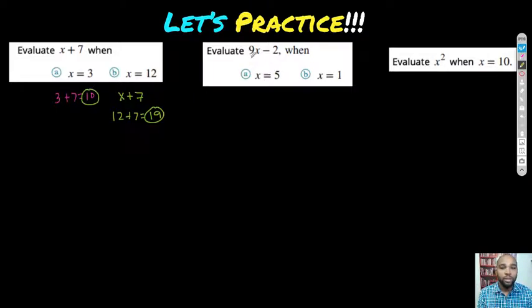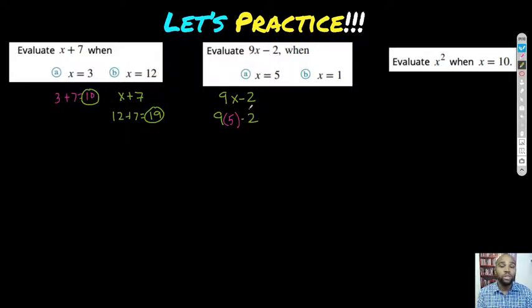All right, same thing here. Using this expression, 9x minus 2, first, let's evaluate it when x equals 5. What would be the value if we replace x with 5? So let's do that. 9, and I'm going to change the color just so it can be obvious here that we're replacing that x with a 5. Now, some students get confused and say, do I keep the x there?